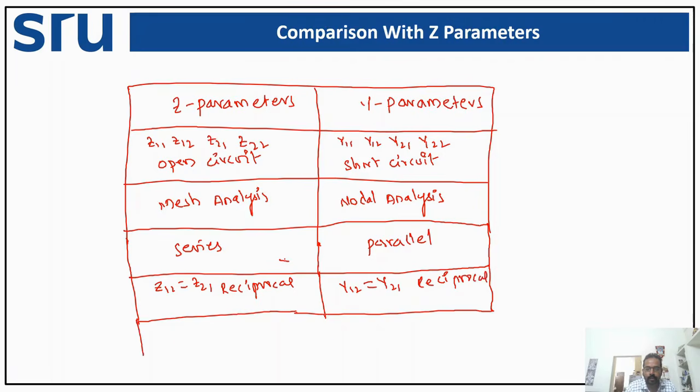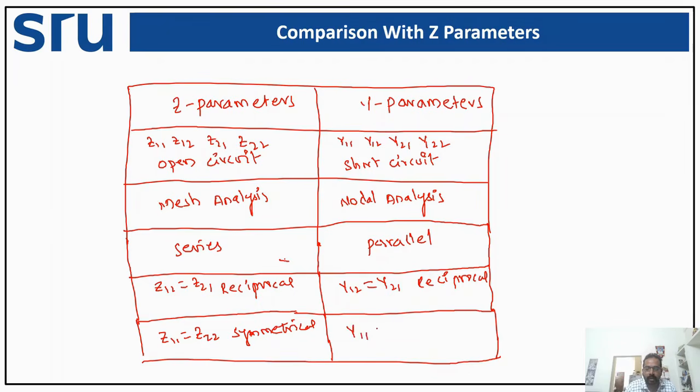Similarly, for the symmetrical condition, when we apply our Z parameters, whenever Z11 is equal to Z22, we say the circuit is symmetrical. Similarly, for Y parameters, whenever Y11 is equal to Y22, we say it is symmetrical.